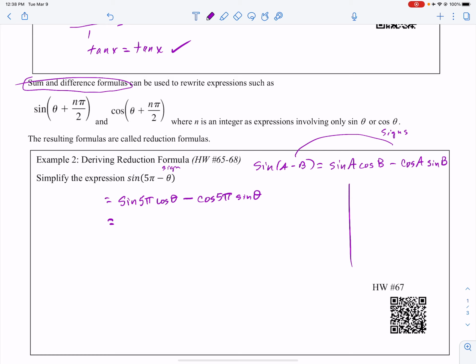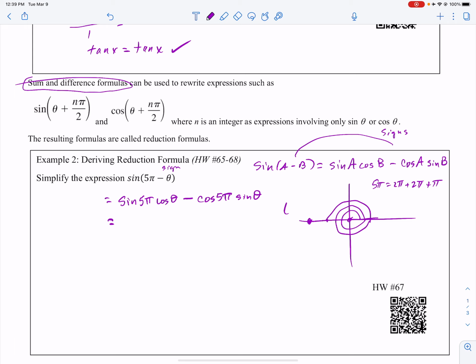So you need to think, okay, sine of 5 pi, well, 5 pi is 2 pi plus 2 pi plus pi. So you are starting here and you are rotating around once, twice you're to 4 pi, and then another half turn you're to here.